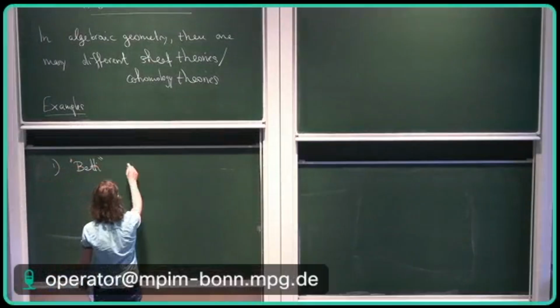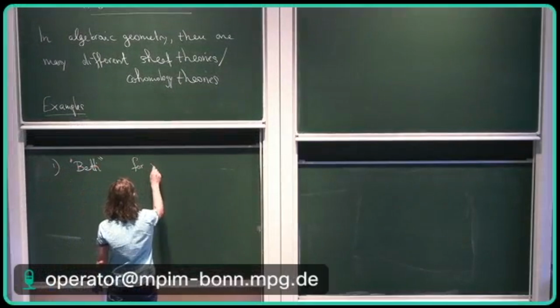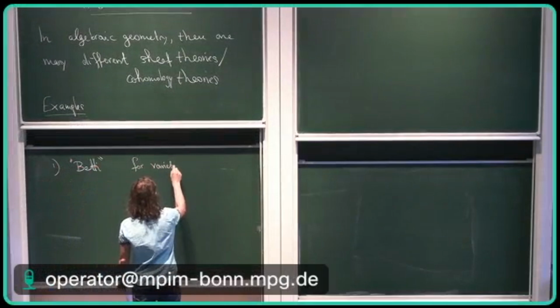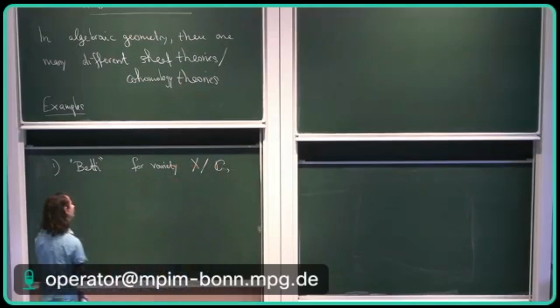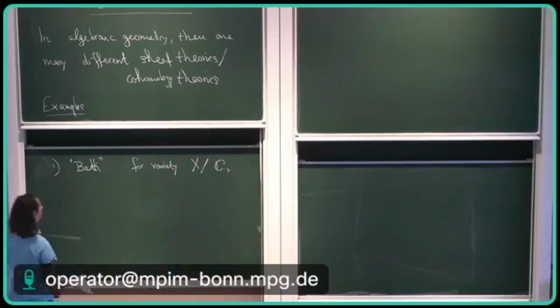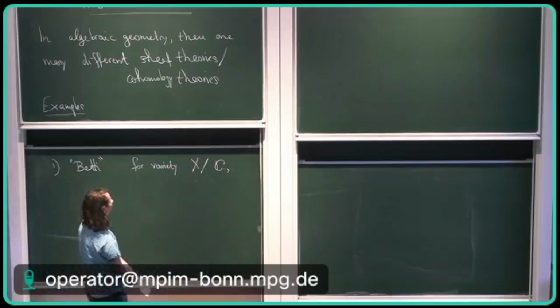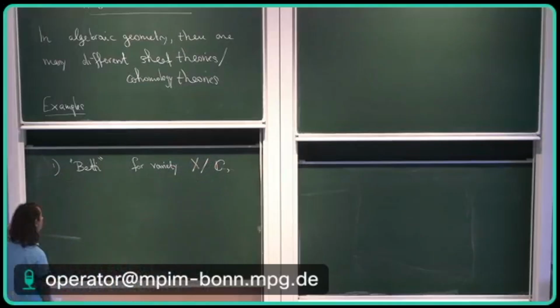So in this case, maybe we have a variety X over the complex numbers. Variety meaning, I don't know, separated scheme of finite type or something. And to this we can associate the complex points, which are a nice locally compact topological space. And you can take its singular cohomology groups, which gives us a Betti cohomology theory for these varieties.